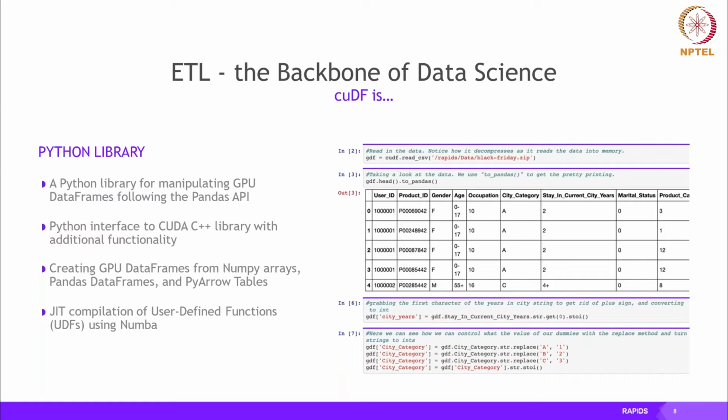But what if you want a function which is not present in the standard list? What if you want a user defined function which does not exist and you want to run it on your GPU database? So cuDF provides JIT compilation, just-in-time compilation of user-defined functions, using another package called Numba.